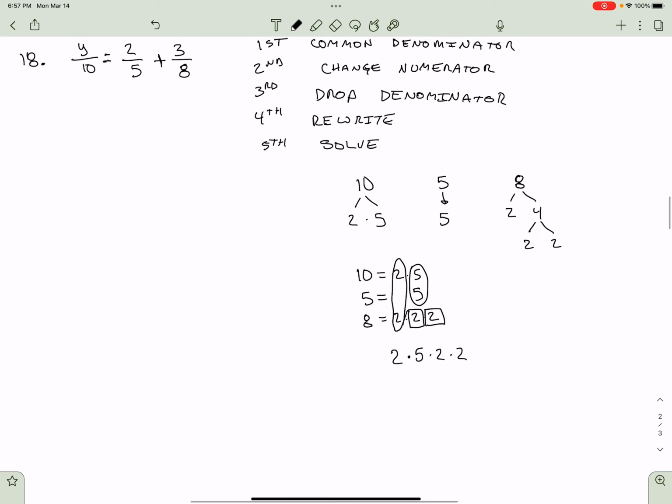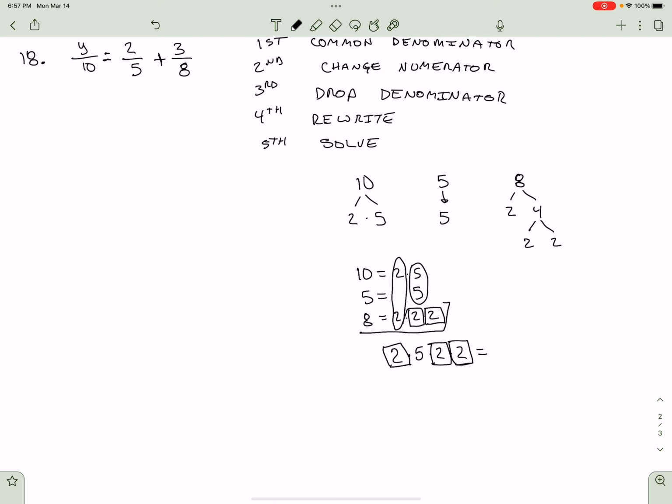That's the number we're going to work with. Well, we know that 2 times 2 times 2 is 8, right? So this is 8 times 5. 8 times 5 is 40. So what's neat here is that 10, 5, and 8 all divide into 40.